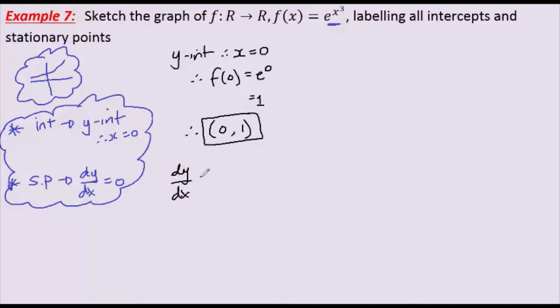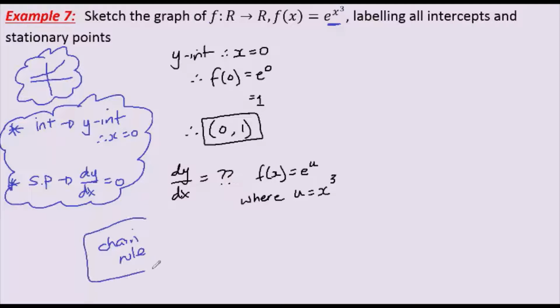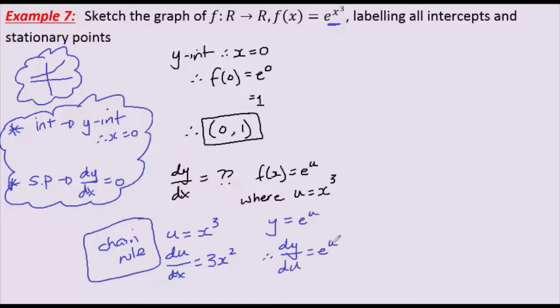dy/dx equals, well, not very nice, but I could say that f of x equals e to the u, where u is x cubed. So it looks like I'm going to use the chain rule. In this case, I'll call u x cubed, so du/dx is 3x squared, and y equals e to the u, so dy/du equals e to the u as well.